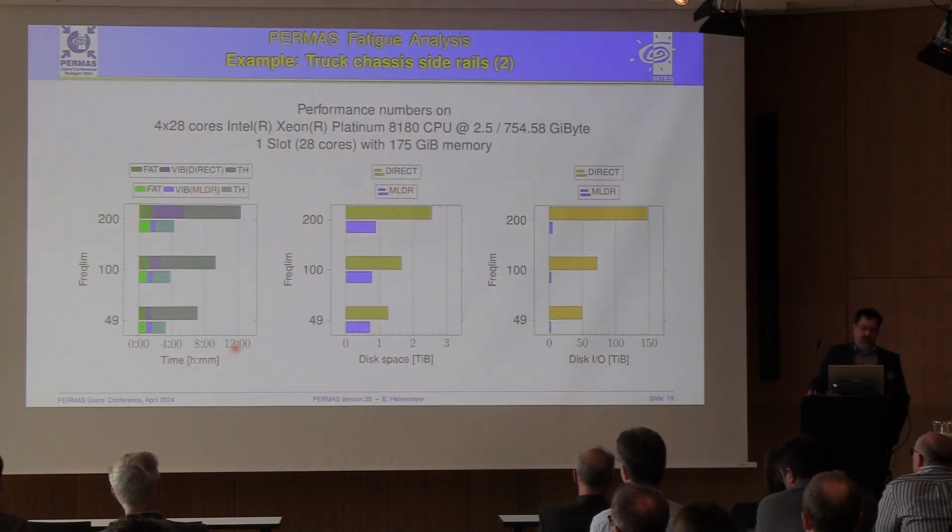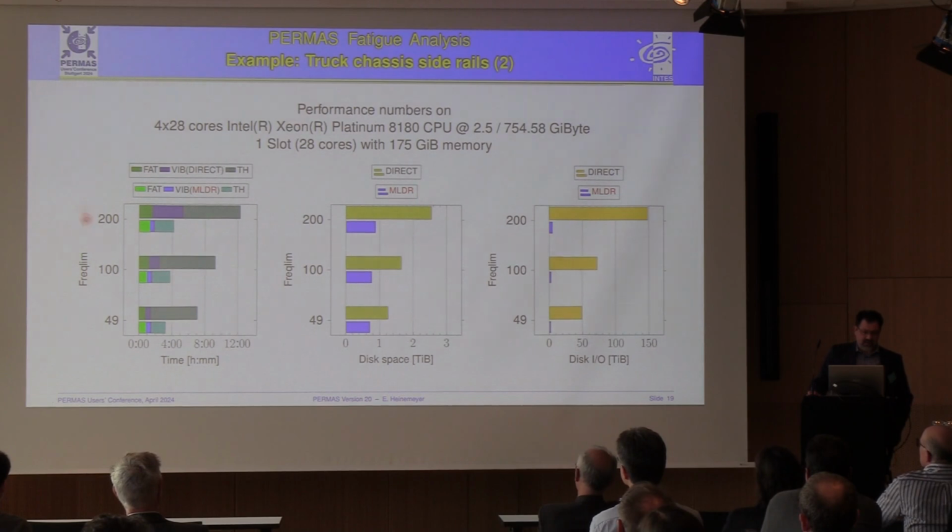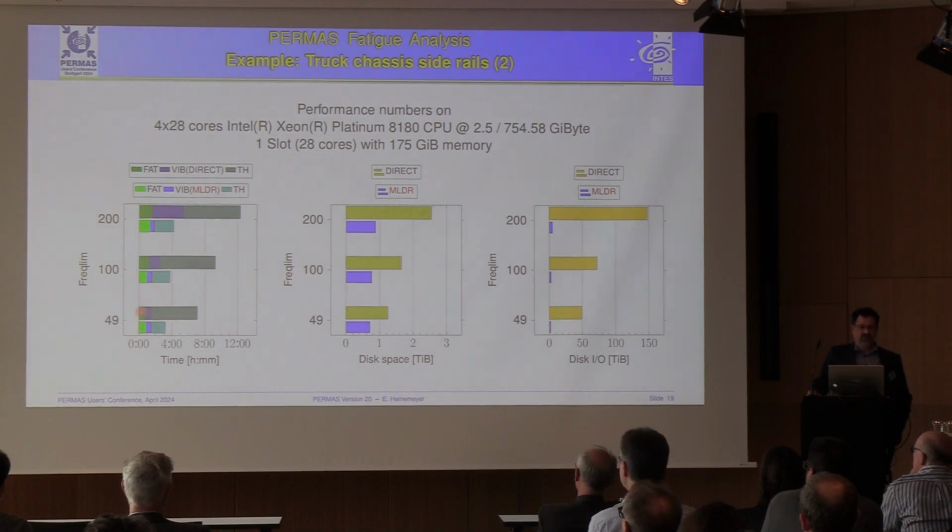So what you see here now is, if we focus first on this picture here, you see the elapsed time on the horizontal axis, and you see the frequency limit on the vertical axis. The dark part is the classical part with a subspace iteration for the vibration analysis.